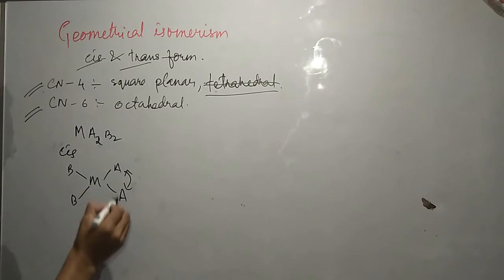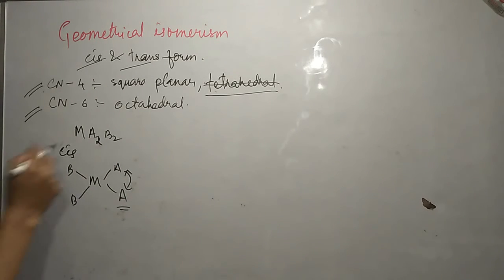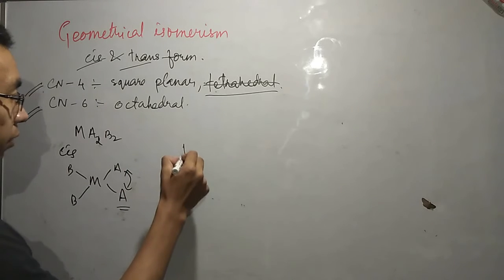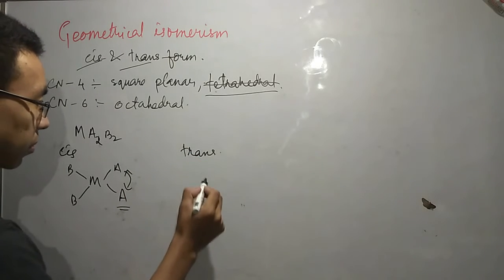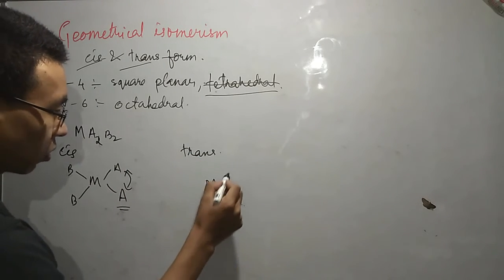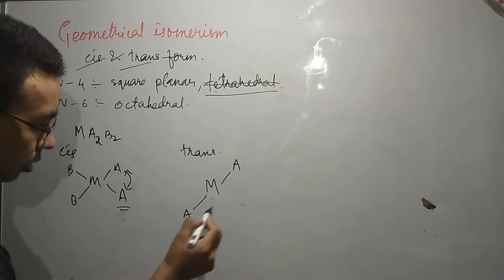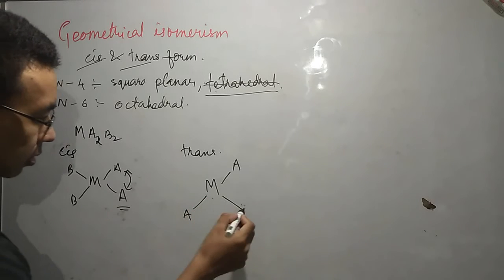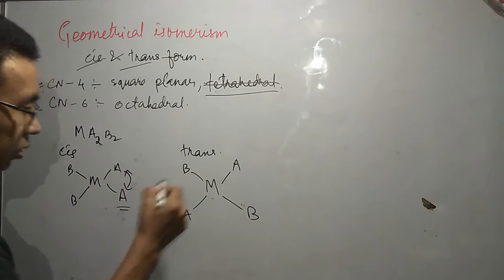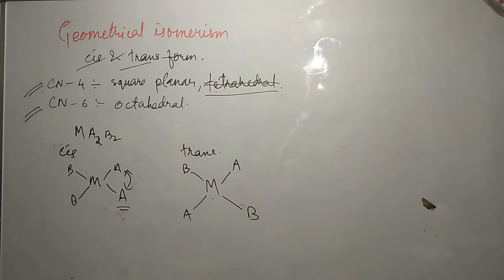We shall consider only one of the ligands, either one. Then for the trans form, the same ligand will be opposite to each other. Say if we consider A, then the other A will be on the opposite side. So this is the trans form.